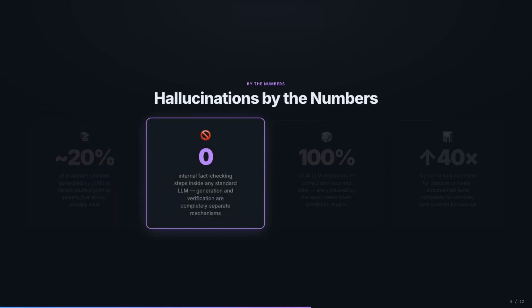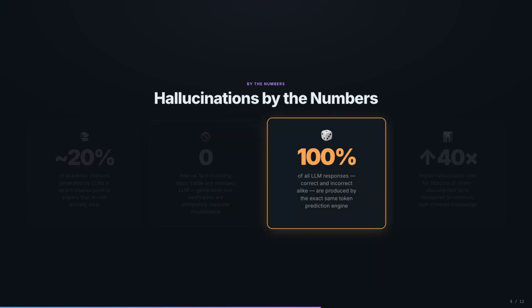The most important number is zero. There are zero internal fact checking steps inside any standard LLM. Generation and verification are completely separate mechanisms. The architecture does not include a step called check if this is true. Generating text and verifying facts are two completely different engineering problems, and only one of them happens inside the model.